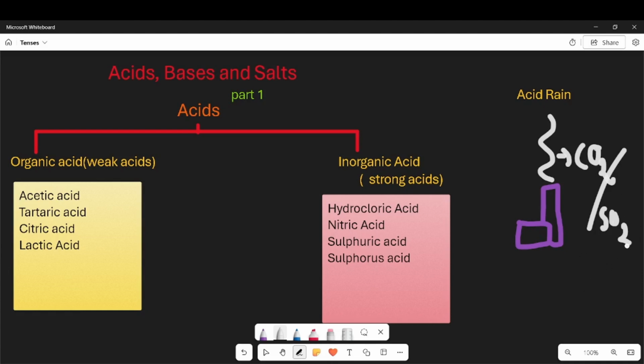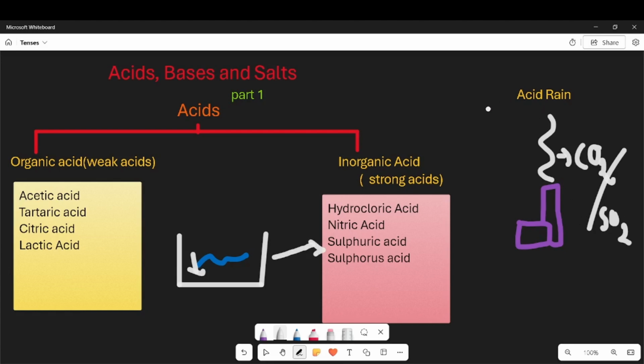Now sulfur dioxide can be dissolved in water. So if we take a beaker with water, sulfur dioxide can be dissolved in it. When we dissolve sulfur dioxide in water, we get sulfuric acid. So that's an example of a strong acid here. That is very dangerous.